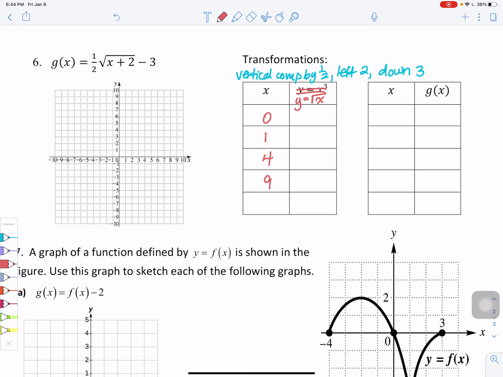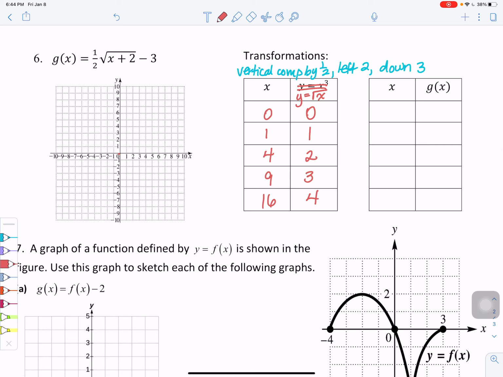Can't really go that much further. I'll just kind of go out to 16, okay? And then square root of 0, 0, 1, 2, 3, and 4, okay? So let's get this on here, and you can see that it looks something like this. So this is y equals the square root of x. That's our parent function.